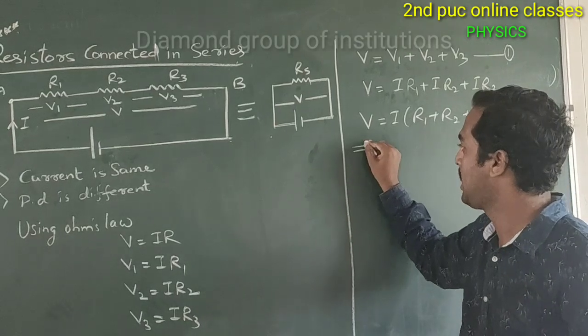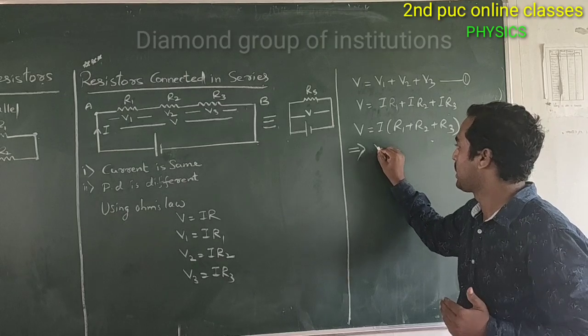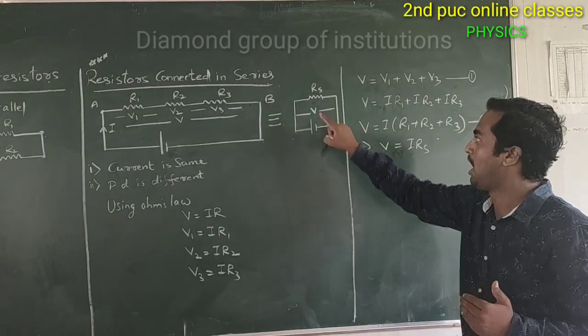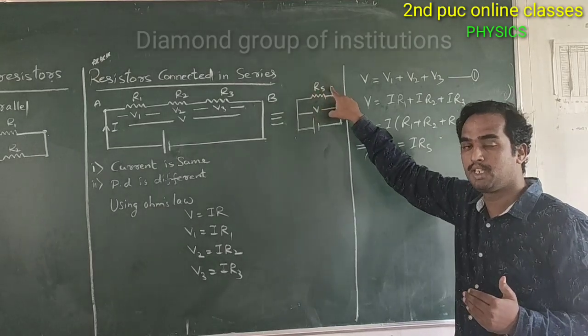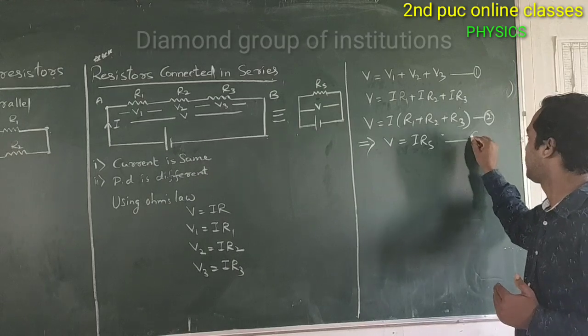If we apply the same Ohm's law for this circuit, we can write V equal to I into R, where R means resistance and S means series combination. So V equal to I into RS. This is equation number 3.